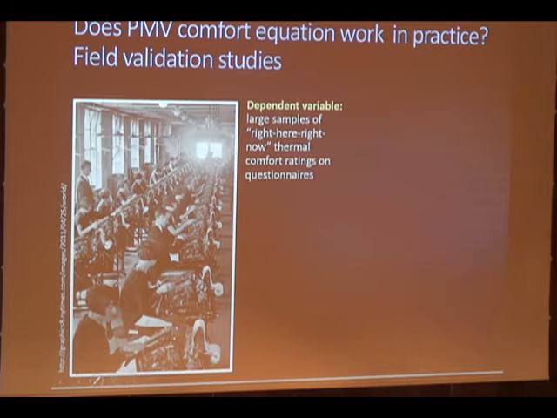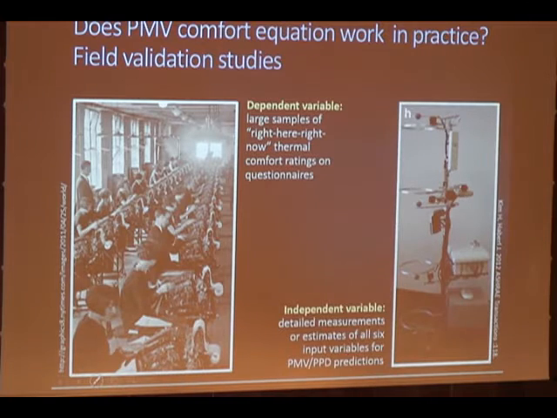And we administer a very simple thermal sensation scale to our occupants. At the same time as they're doing their thermal sensation ratings, we're doing a slew of environmental measurements with instrumentation such as you see in this slide here. And the key point here is that we're measuring all of the basic input parameters for the PMV, PPD calculations. And we're also registering some checklists of clo values and metabolic rates.